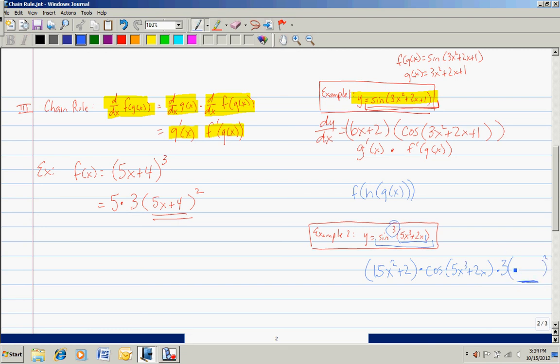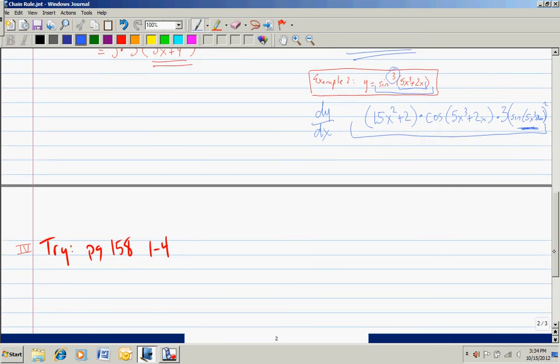And this whatever, what was inside the cubing function, is sine of 5x to the third plus 2x, quantity squared. So this is the derivative. This is dy dx. All right, so this is kind of a more challenging problem, but the ideas are still the same. Derivative of the inside times the next layer times the next layer.